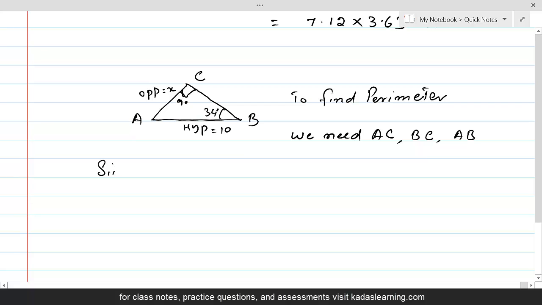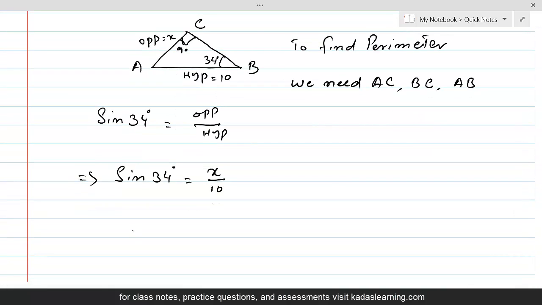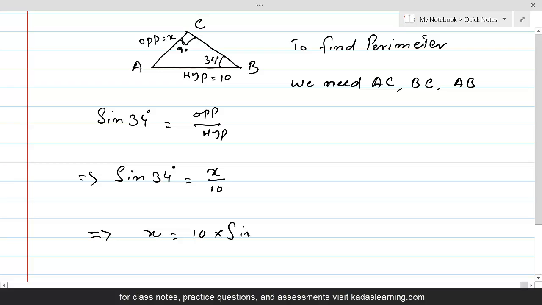Sine of 34 degrees is equal to opposite over hypotenuse, which is sine of 34 degrees equals x over 10, and this gives us x equal to 10 times sine of 34 degrees.